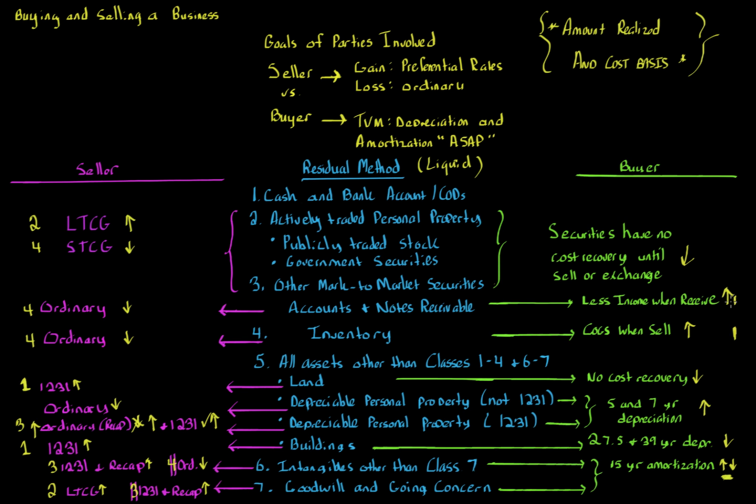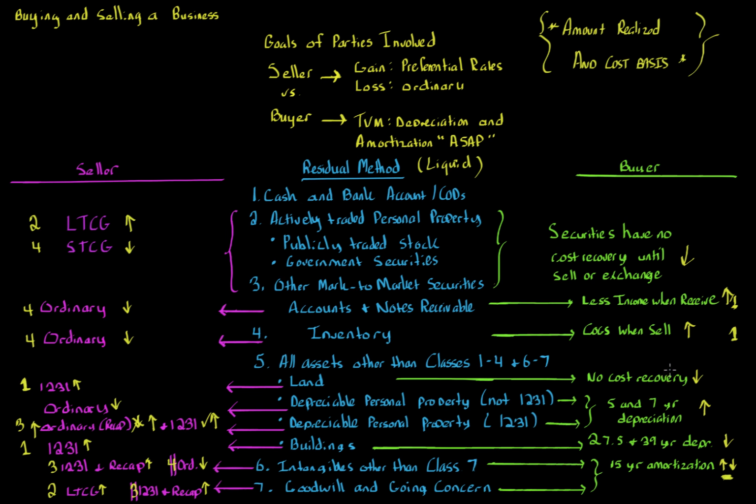So those are the first things the buyer wants to maximize in terms of the value with respect to allocating under the residual method, if you value higher versus lower the other things. Because again, it's all about how you are valuing these things, because you only have a certain amount, it goes down the line, the waterfall, if you will, of these classes.